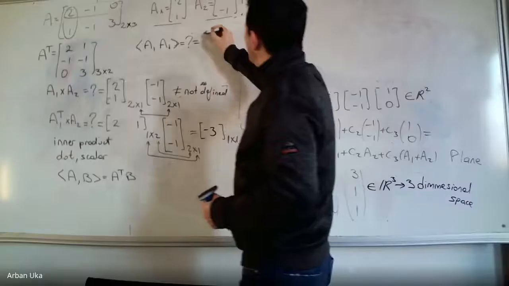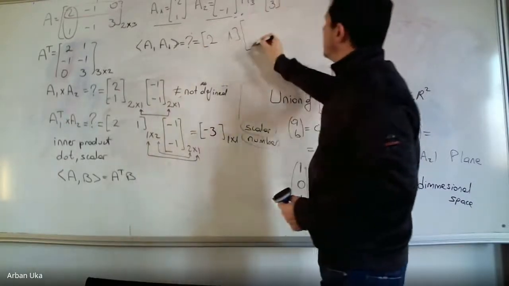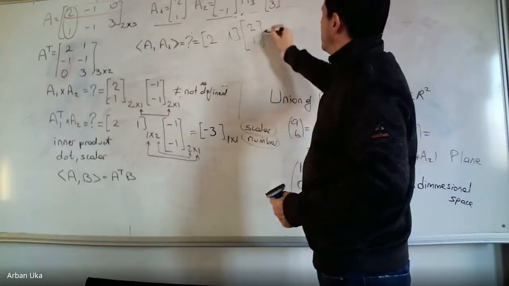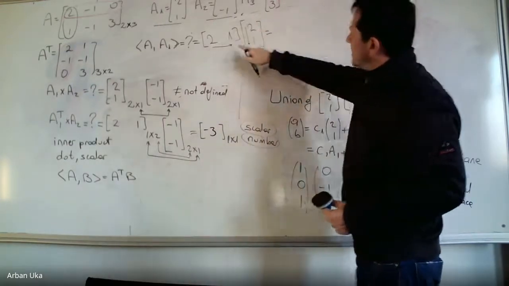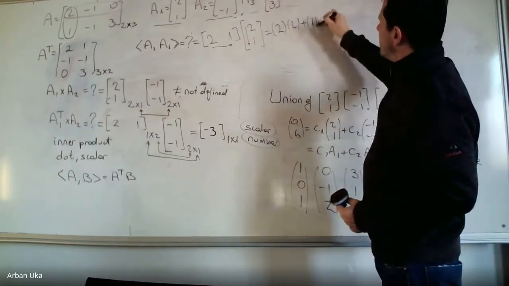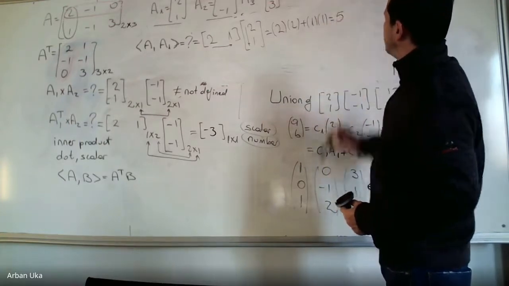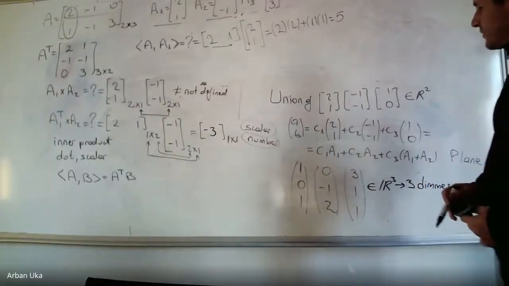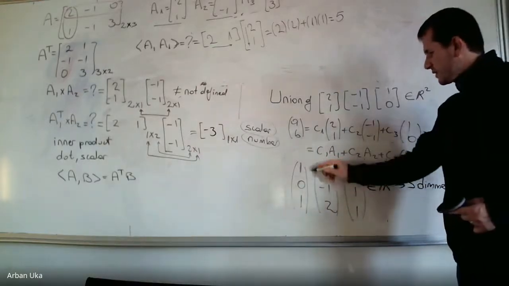2, 1 times, yes, but we have to be careful. This is a row, right? 2, 1 multiplied by 2, 1. We multiply this row with this column carefully, and we get 2 times 2 plus 1 times 1. We get a 5. What about if we take the inner product of this vector with itself?